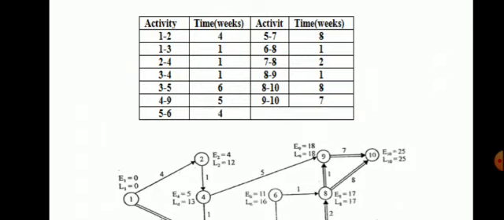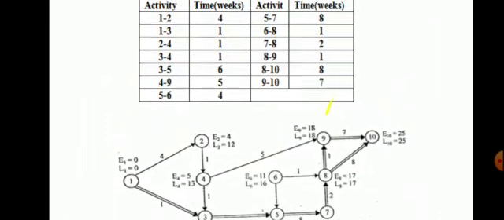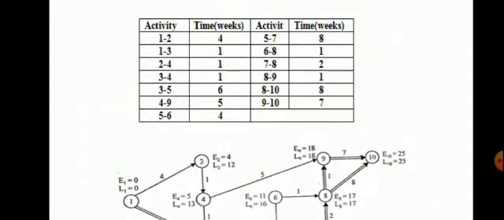Actually 11 plus 1 is 12, but here already it is 15 to 2 and 4 to 3, 3 to 4. 3 to 4 is 1 actually. 1 plus 1 is 2. But here 4 plus 1, 5 will be considered for 3 to 4. The direction should be changed here.